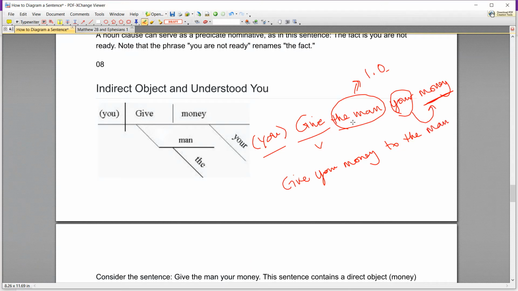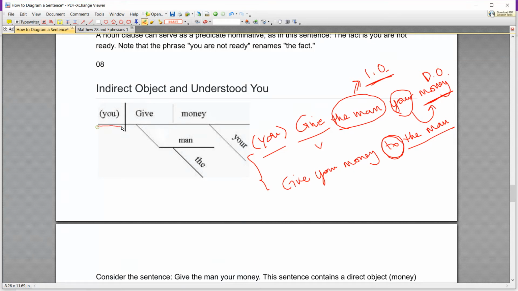So you can move the indirect object to the back, but you will have to add to in English. But anyway, to the man, or the man, is the indirect object. So verb, indirect object, and this is the direct object.